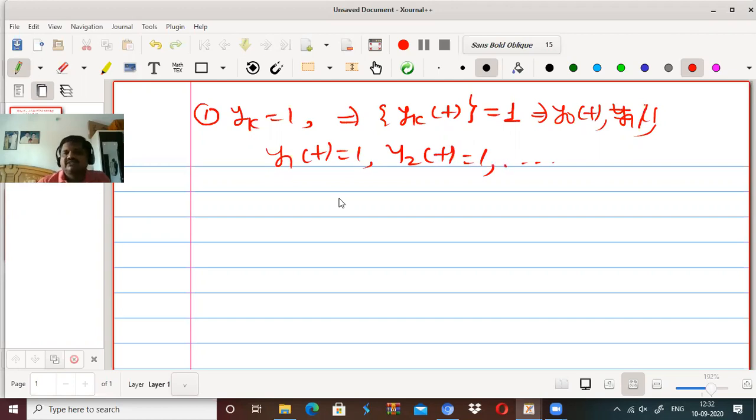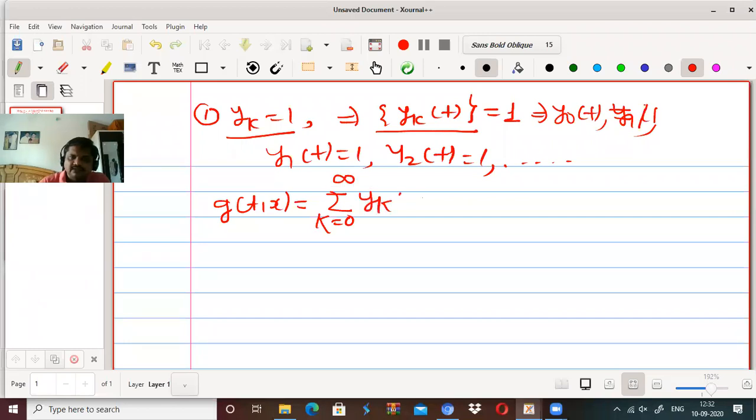Suppose we are given a sequence of this type, y_k equal to 1. We want to obtain the generating function g(t, x) for y_k(t). Therefore, how can you find g(t, x)? We know that g(t, x) is equal to the summation k from 0 to infinity of y_k(t) into x to the power k, which is equal to the summation k from 0 to infinity.